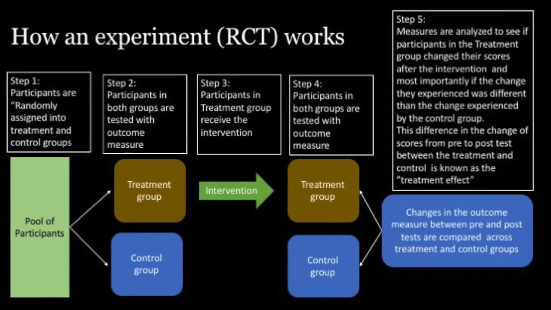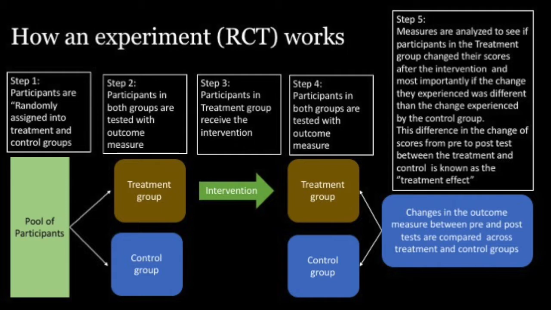So how do you run this? Well, in step one, you have all the participants that will go into this experiment. Then you randomly assign these participants into a treatment group or a control group. The treatment group is the one that is going to get this reading intervention. The control group, it will be business as usual for them.